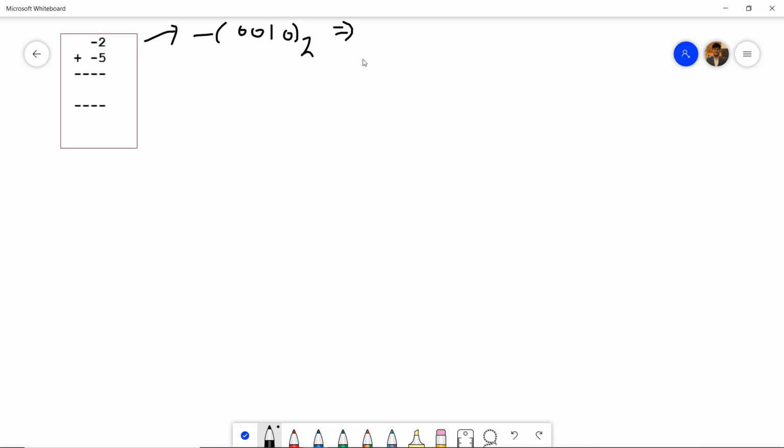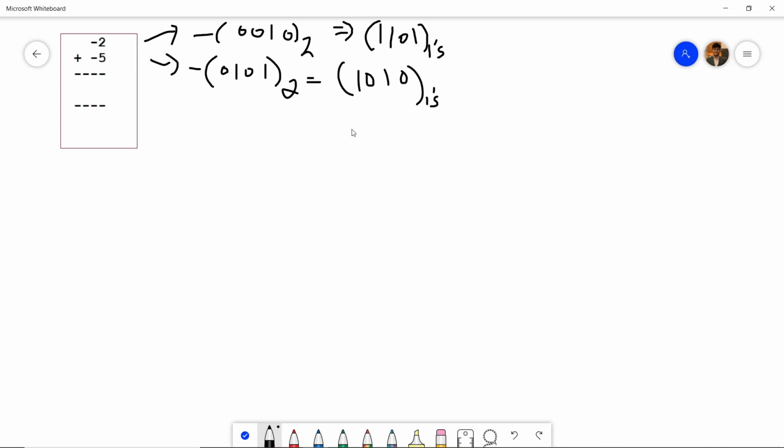For the 1's complement form, I will just invert the bits: 1, 1, 0, 1. For minus 5, I will follow a similar approach. So 0, 1, 0, 1. This makes it 5. And for 1's complement, 1, 0, 1, 0. I inverted the bits. Now let's add these two 1's complement numbers.